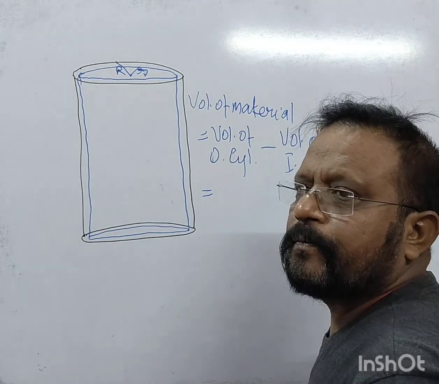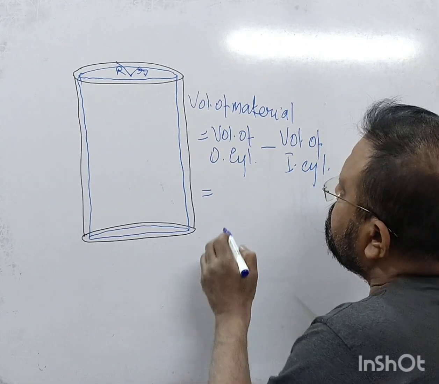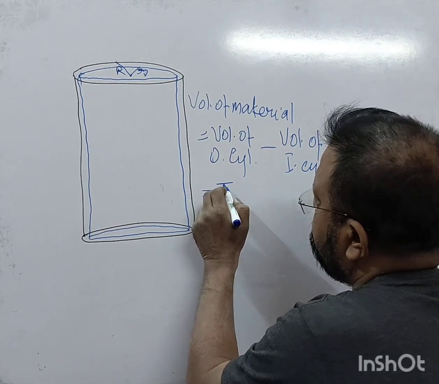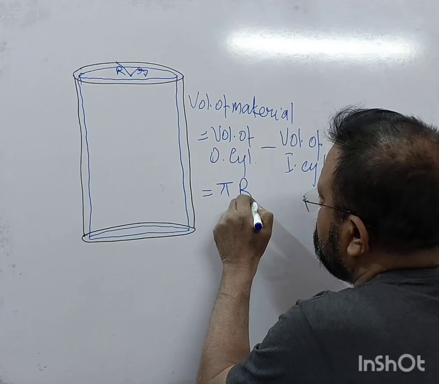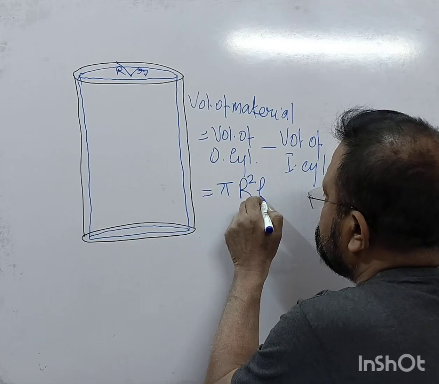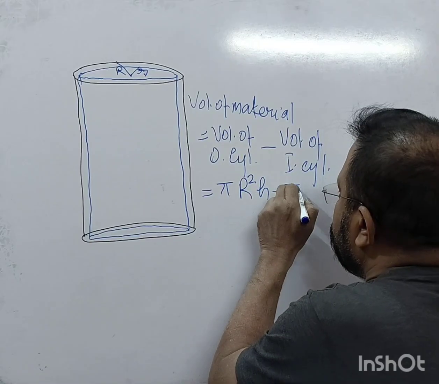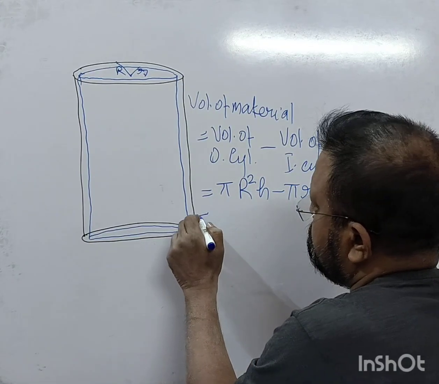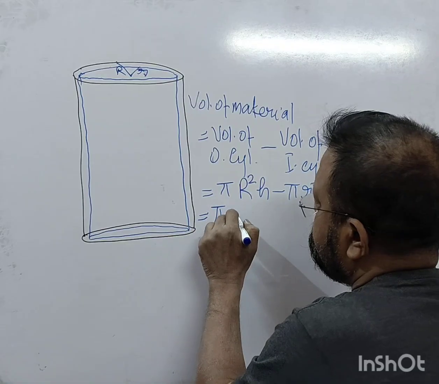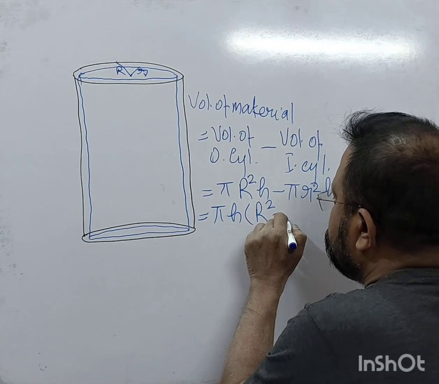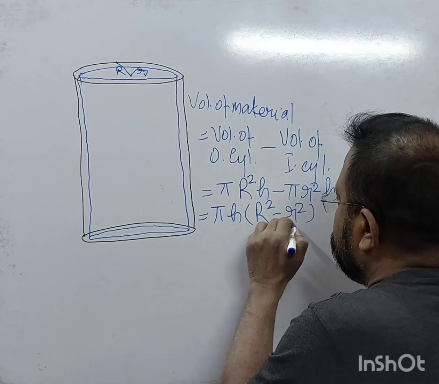So it is pi capital R square h minus pi small r square h. So you can take pi h as common, and you get capital R square minus small r square.